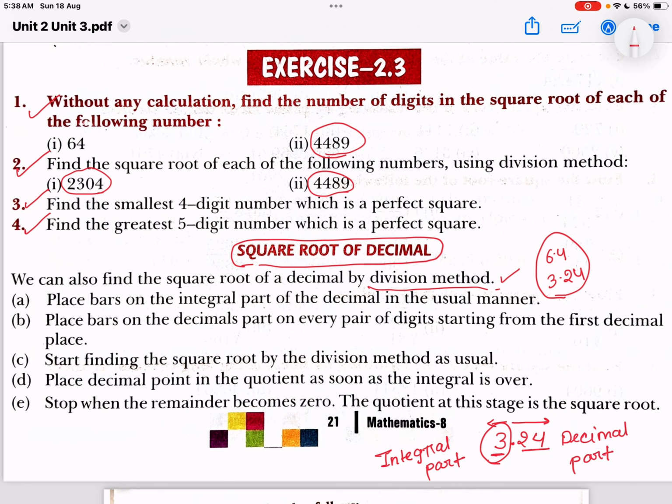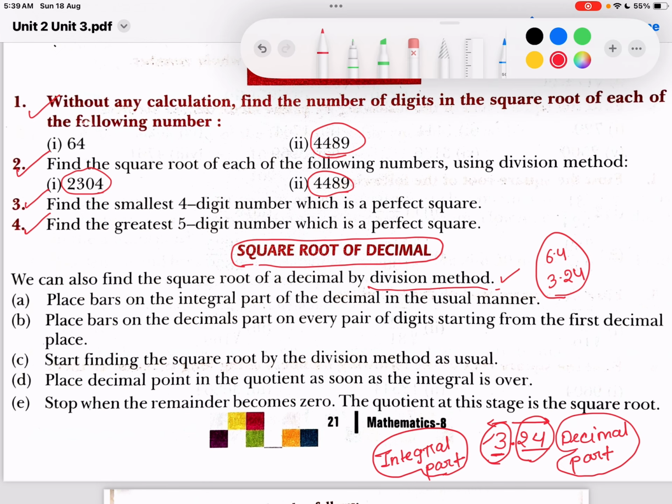Throughout our discussion, if I talk about this part, I will call it the integral part, and if I talk about this part, I will call it the decimal part. So you have to make this understanding.